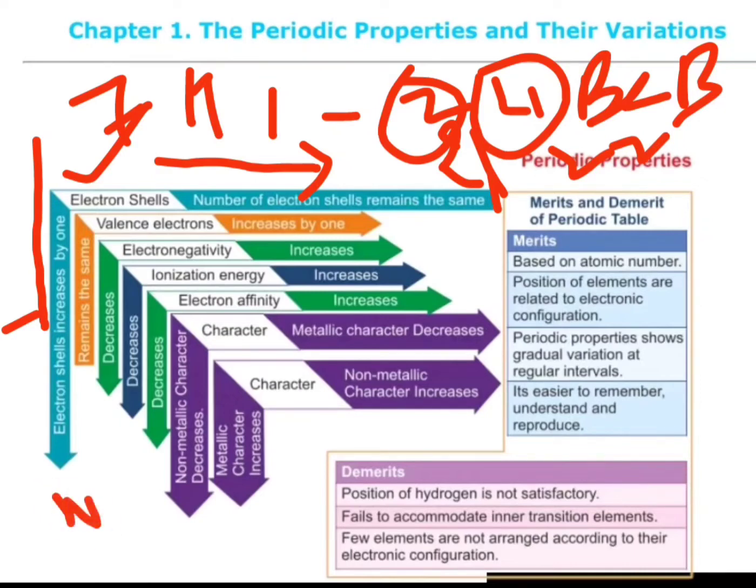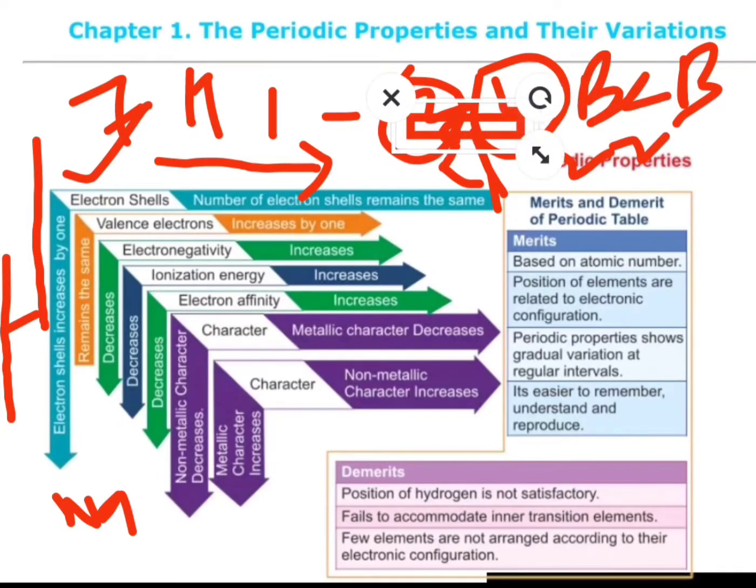Then sodium has its electron in the third cell, then the fourth cell, the fifth cell, and so on: potassium, rubidium, cesium and francium. So the number of electron cells increases by 1 as we move down. With increasing number of cells, the size of the atoms will increase. Clear?